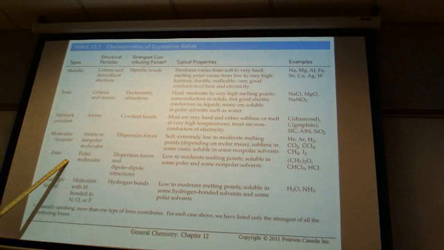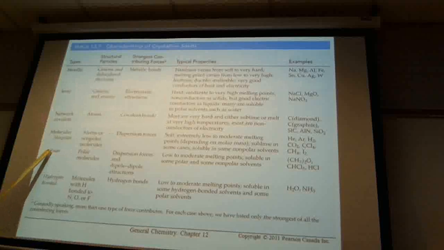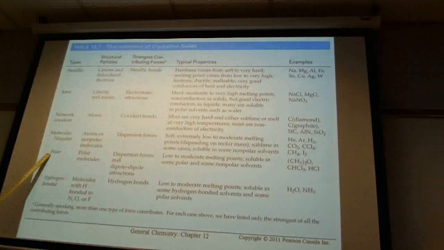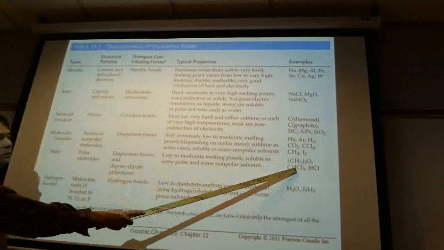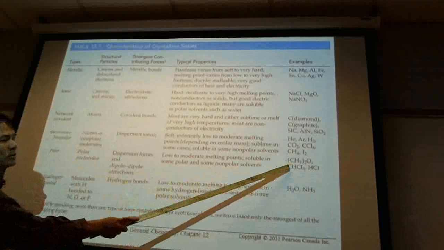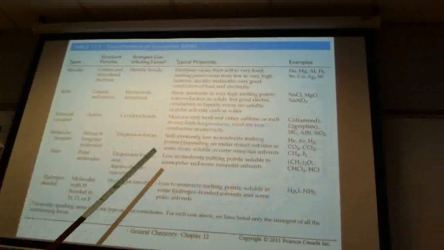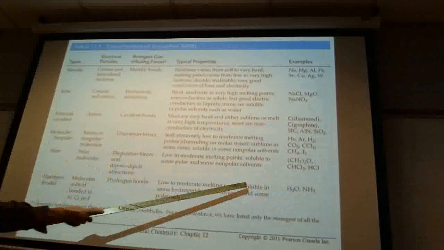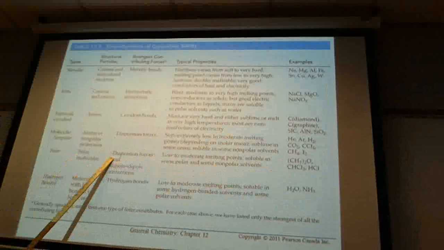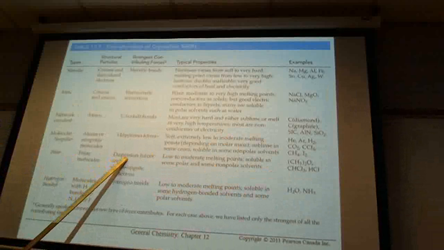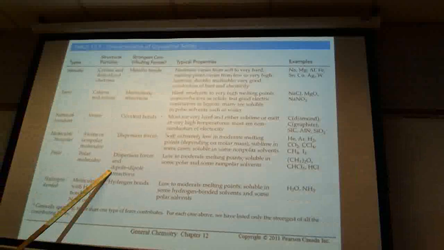Polar, like ice. Actually, no, polar wouldn't be like ice. Polar would be like acetone, solid HCl, solid acetone, chloroform. Excuse me, not methylene chloride, chloroform. These are held together by dispersion and dipole forces.